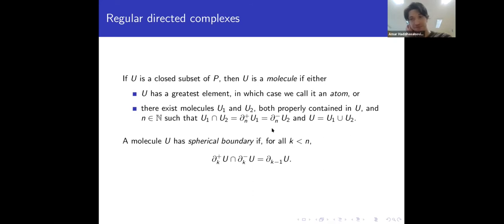And then we identify a special class of molecules, which are the ones with spherical boundary. We say that a molecule has spherical boundary if, for all k smaller than the dimension n of U, the intersection of the output k-boundary and the input k-boundary is equal to the (k minus 1)-boundary.